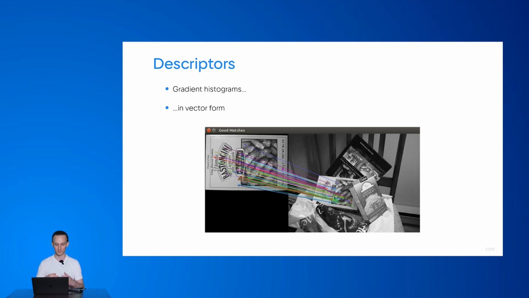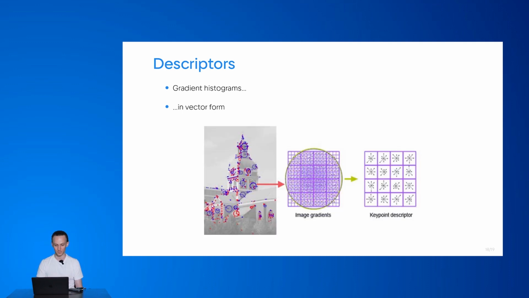They are the way to describe the surrounding of a pixel in a form that is invariant, or in some sense, up to a certain degree, invariant to the rotation and to changing of the scale. That could be done with the scale invariant feature transform, or some other methods, some other techniques of the same nature.